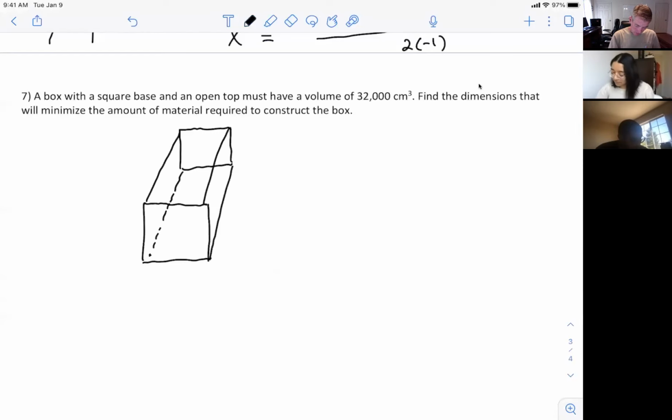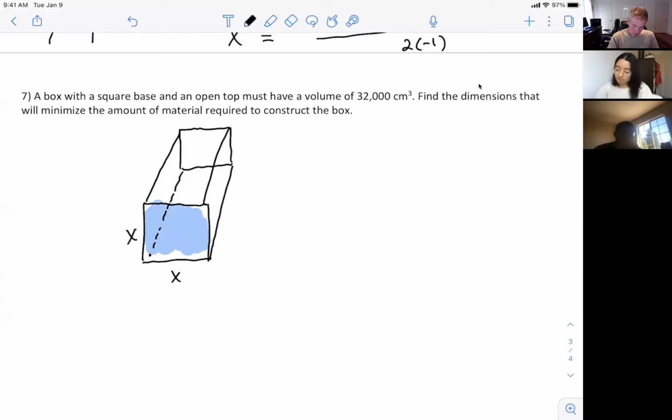I'm really calling this blue side right here the base of it, but somebody pushed the box over. So if it's a square, it's got to be x by x. And then this length right here, I don't know what that is, so I need a whole new variable.